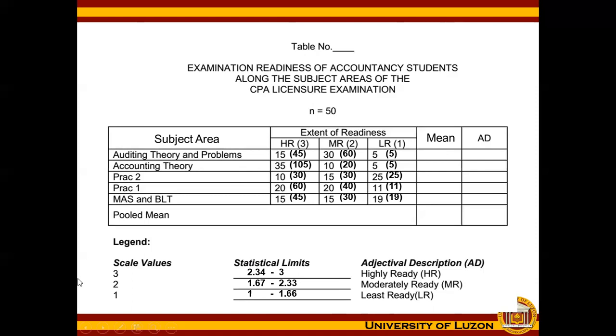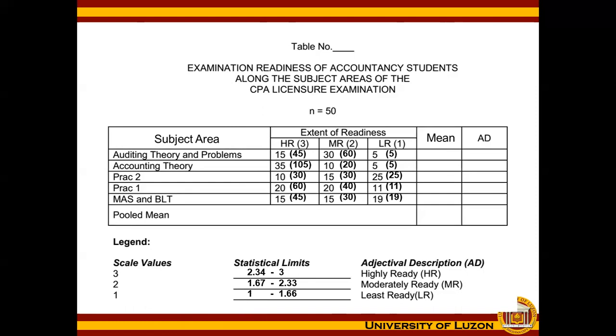Okay? So we have for the first scale value, we begin with 1, because it is the lowest value and it's the lowest possible mean that can be computed. Remember that it is statistically improbable to arrive at a mean lower than 1 nor higher than 3.